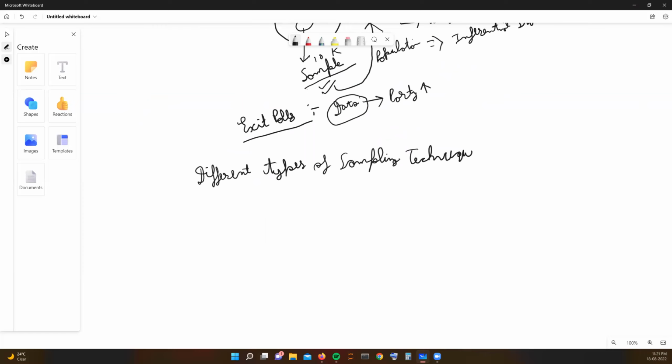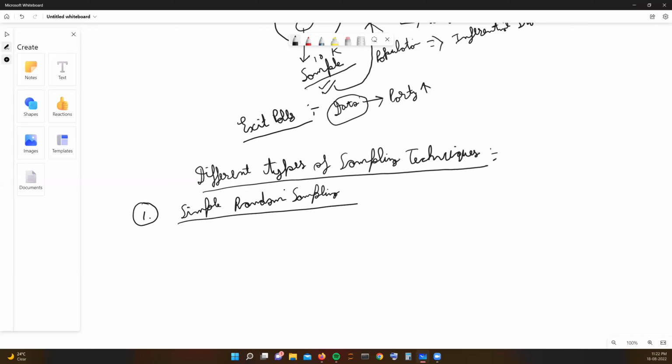The first type of sampling technique is simple random sampling. As the name suggests, it means taking the sample randomly. There is no algorithm, no logic behind it. Just taking random data out of the population data.